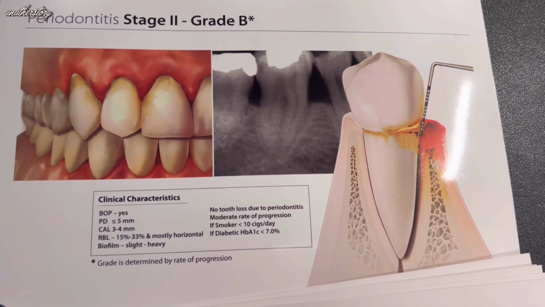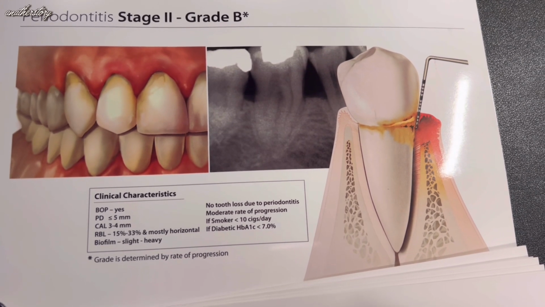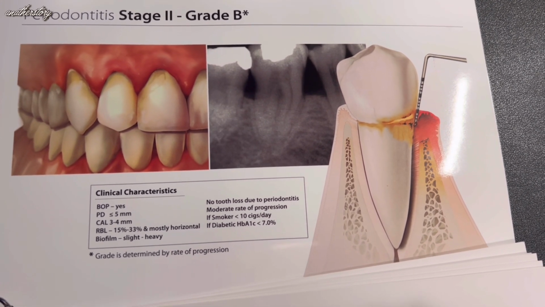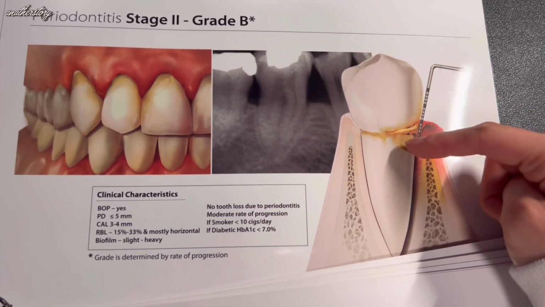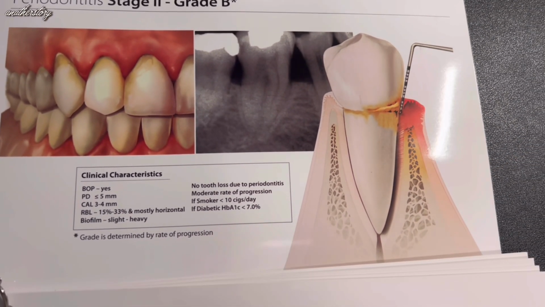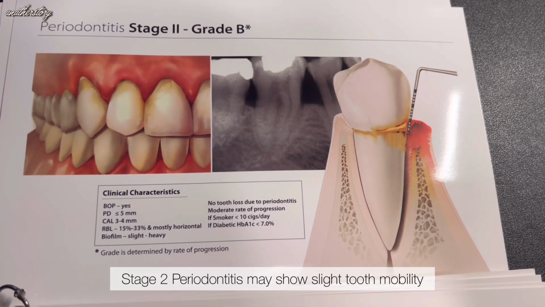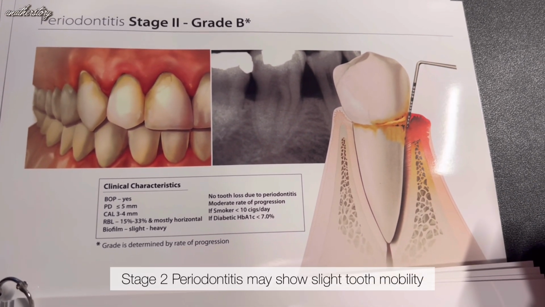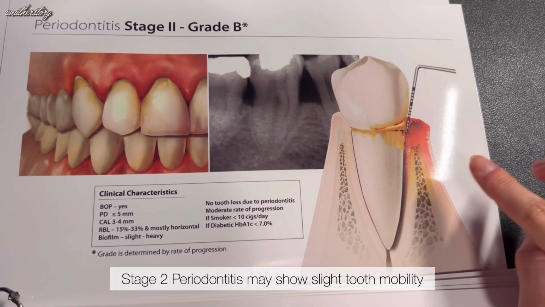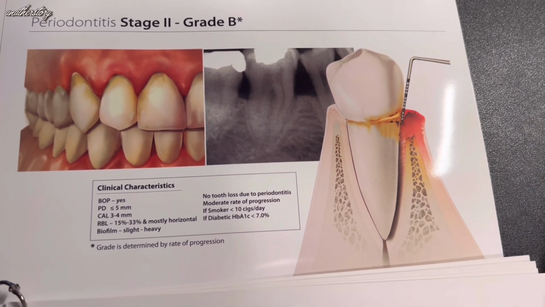Enamel is the strongest structure of our tooth, but when it's missing, you're going to be feeling some sensations. And around stage 2, you might be feeling just a little bit of mobility here and there. Mostly it shouldn't be too much mobility.